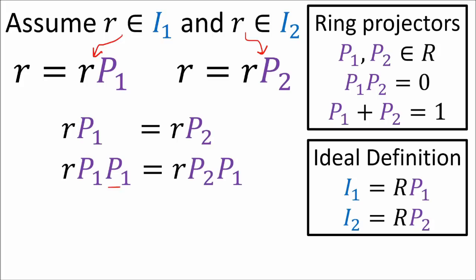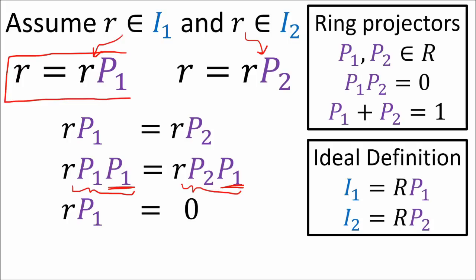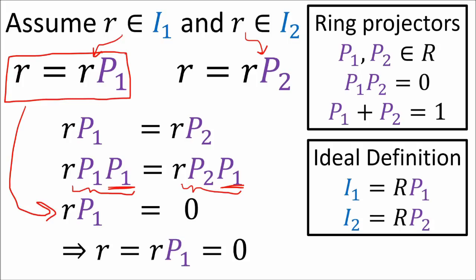Multiplying both sides by P1 on the right, P1 squared gives P1, and P2 times P1 gives 0, since they are orthogonal. So this means the projection of small r is 0, which means that small r itself is 0, since small r was already in the ideal. This completes the proof that the only member I1 and I2 have in common is 0.